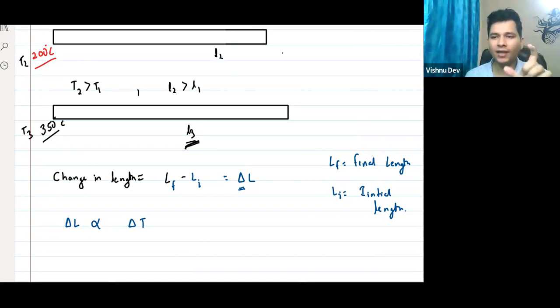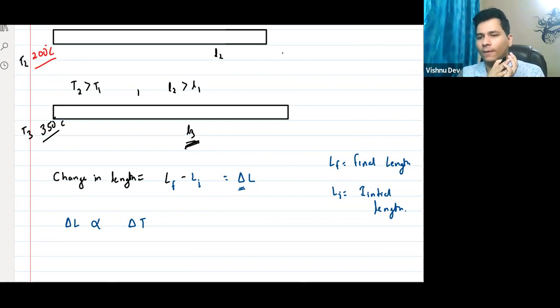So there must be some parameter which should be depending on the material. Yes or no? Agree? Yes.